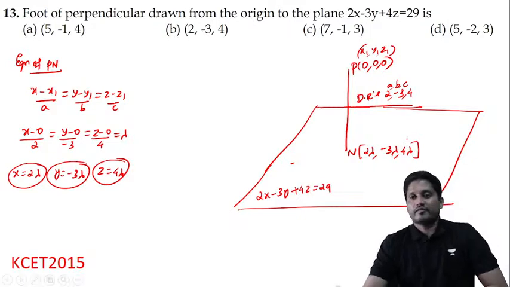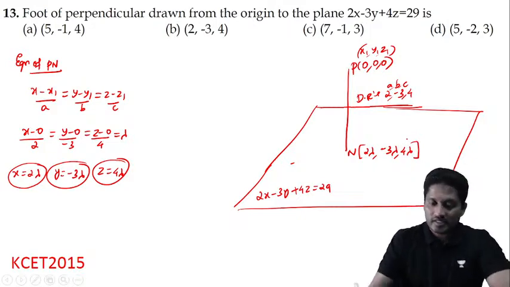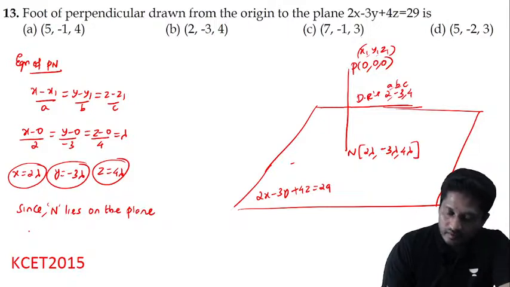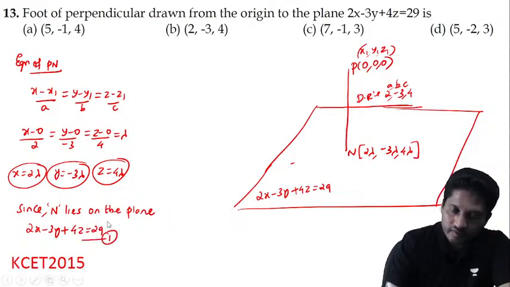So I should find the value of lambda, right? Since N lies on the plane, 2x minus 3y plus 4z is equal to 29. Right? All this is equation 1.